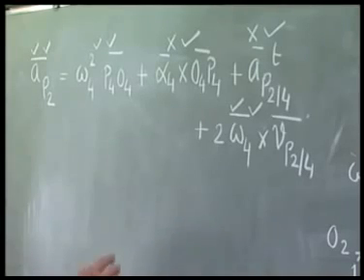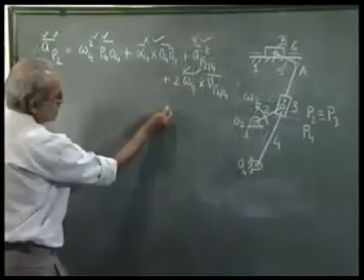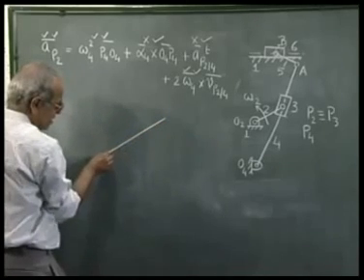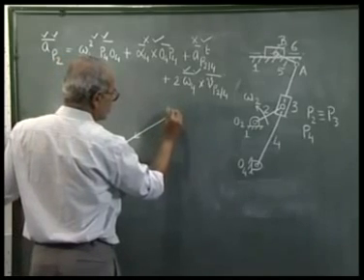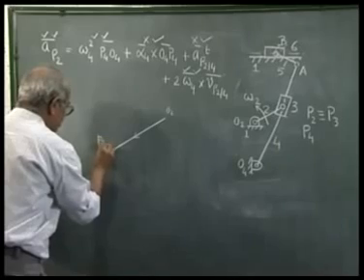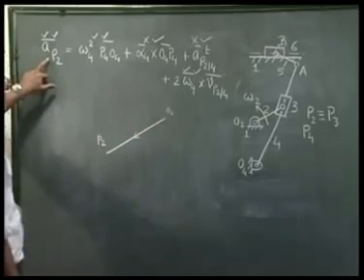So, acceleration of AP2 is this way, which, to some scale I represent, this is O2 and this is P2, which is the acceleration of the point P2.